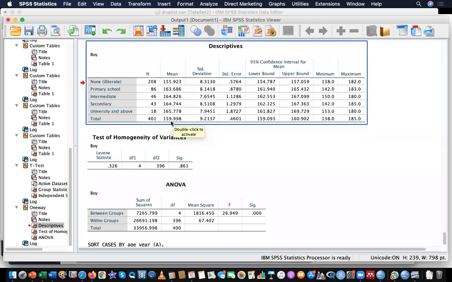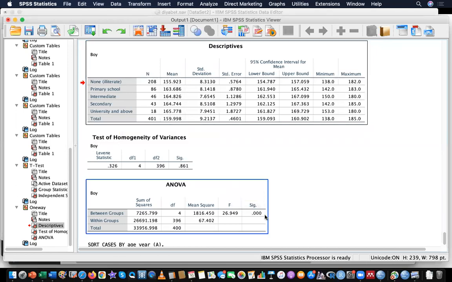If you ask the wrong hypothesis, you will have a wrong answer and you will not know what to do with it. In the example, I asked: is there a difference between education levels concerning the mean height? And it says yes.